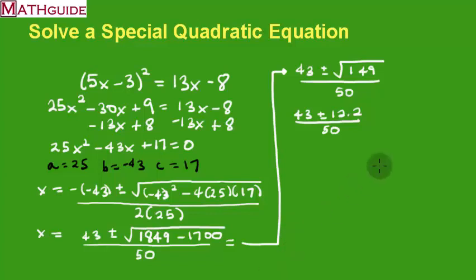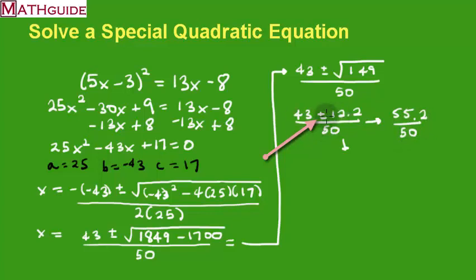Alright, so now what we're going to do is do two different problems here. So I'm going to do a positive variety, and I'm also going to do the negative variety. So in other words, if I add them, I'm going to get 55.2. I still have to divide that by 50.